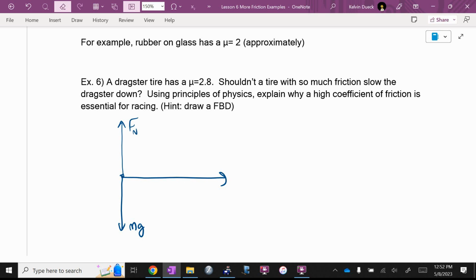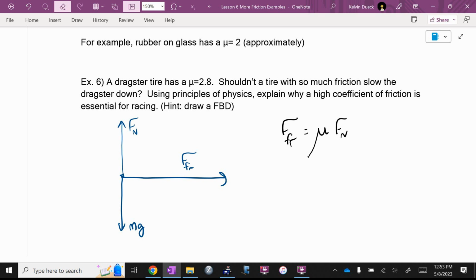And here's the question. What force is it that makes a dragster accelerate? Lena did it. Friction is what times what? From your formula sheet, you got it. Friction equals mu times the normal force.